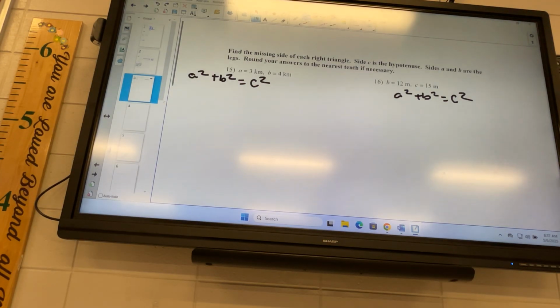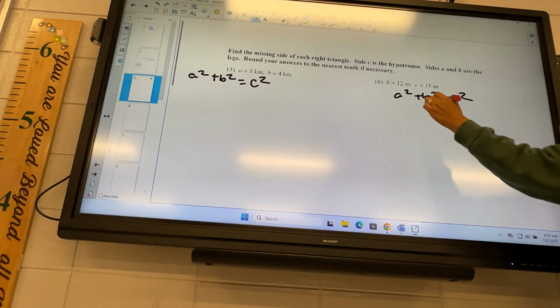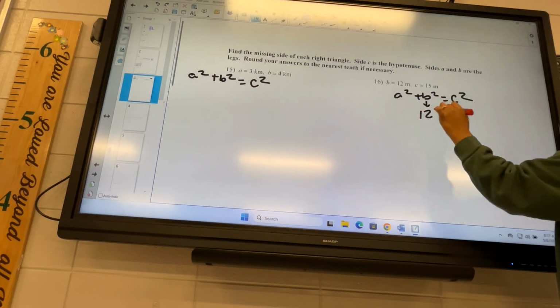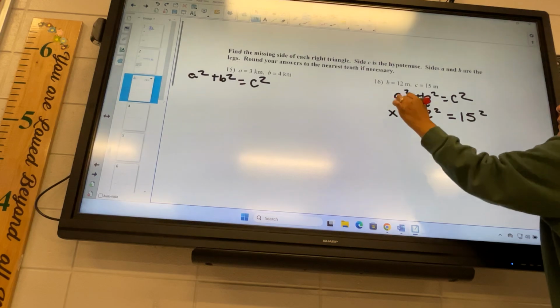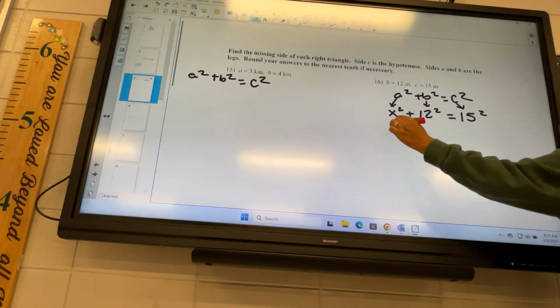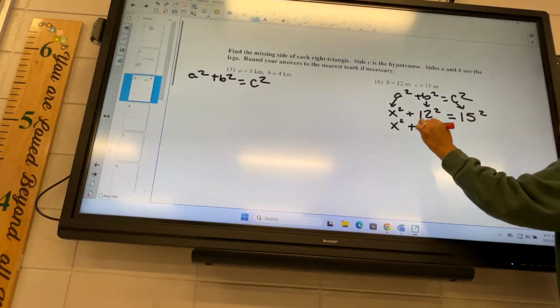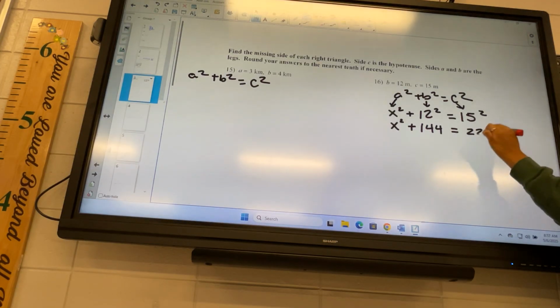What is my a? A is my x. We don't know what it is. What's my b? 12. 12 squared. My c is going to be 15 squared. Then we're going to do it piece by piece. What's 12 squared? 144. So we get plus 144. What is 15 squared? 225.